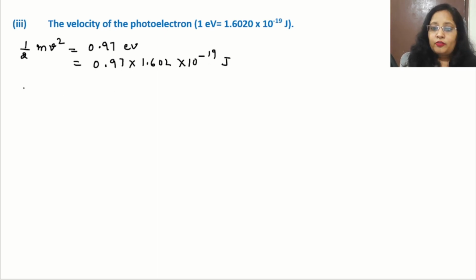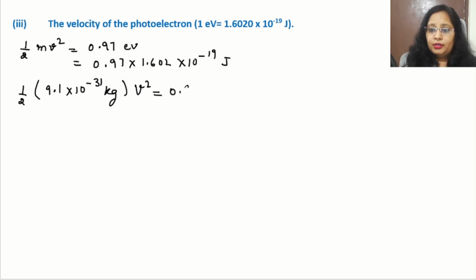Now putting the values: 1 by 2, m is the electron, the mass of the electron is 9.1 into 10 to the power minus 31 kg, multiplied by v square, where v is the velocity here, is equal to 0.97 into 1.602 into 10 to the power minus 19 joule.